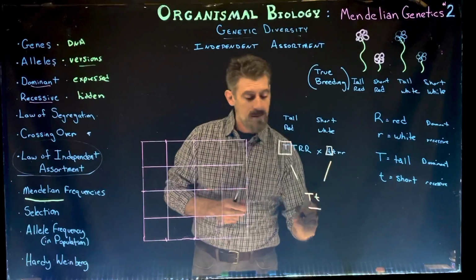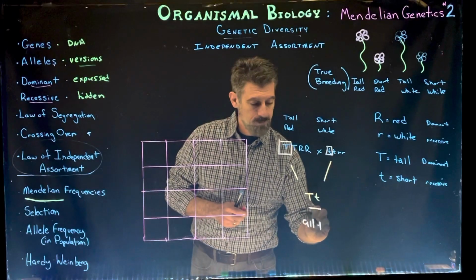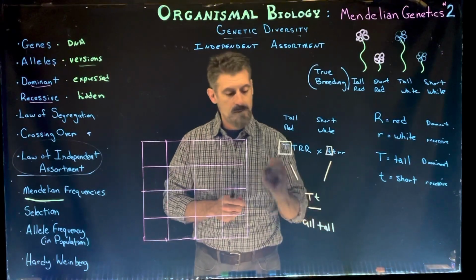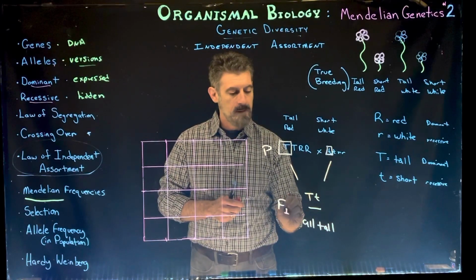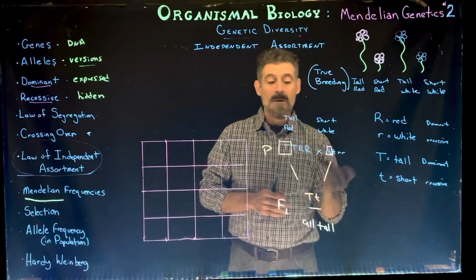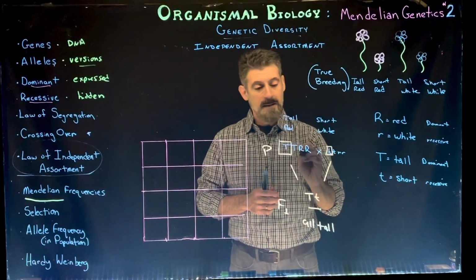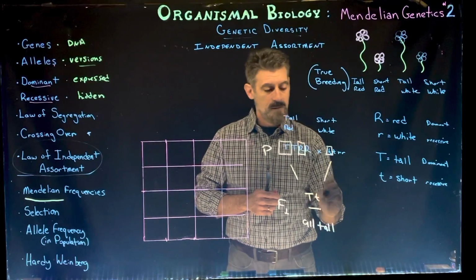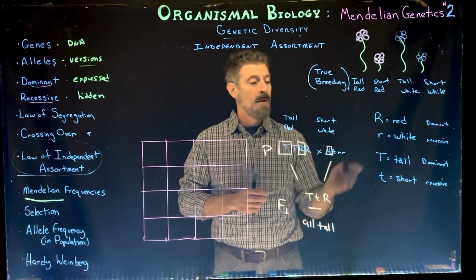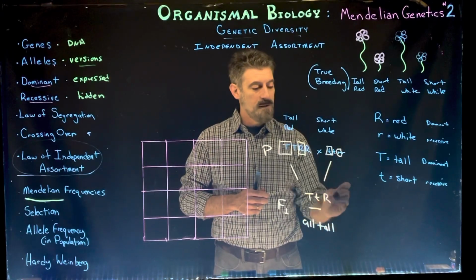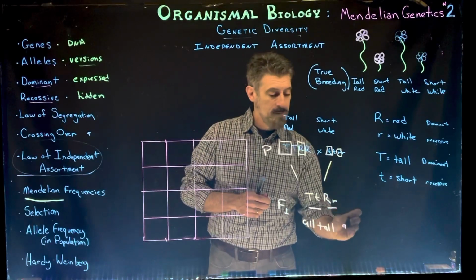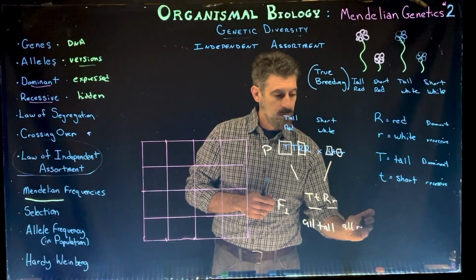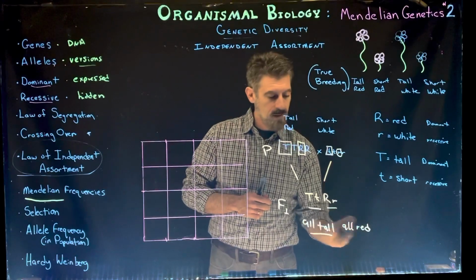It doesn't really matter, they're all going to be tall in this first generation. So this is the parent generation, and here's the F1 generation. Here, all tall. And then we look at the red, and the same thing would happen. This individual can give the gene for red flowers. This one can only give the gene for white flowers, and so they're all going to be red. So they're all tall, all red.